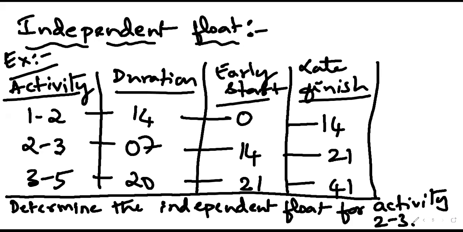For this activity, we are supposed to determine the independent float. While solving this particular problem, we'll write certain explanation and we'll see that this concept is understood. Basically, the project manager is considering different types of parameters and the delay is being calculated.